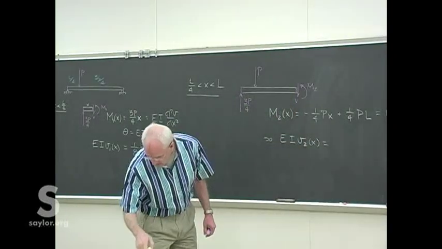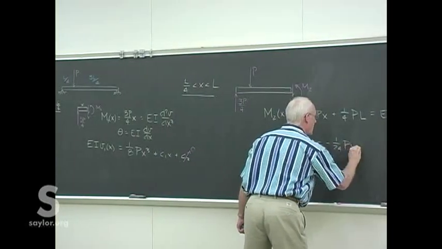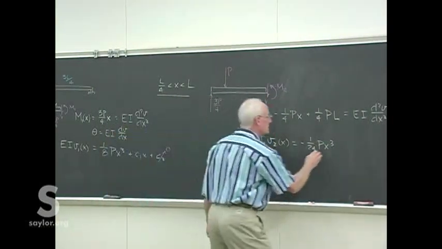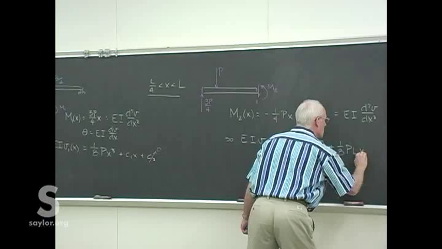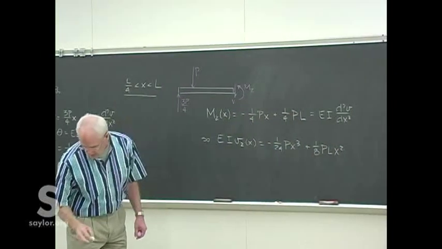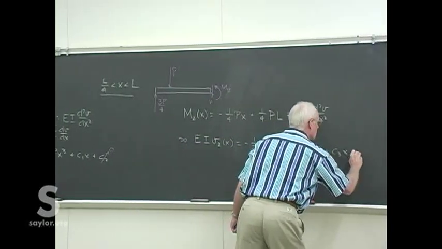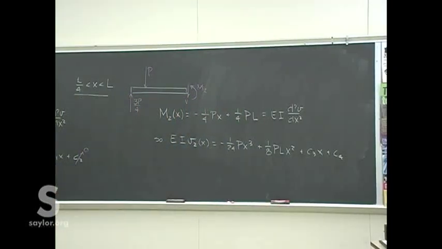And you should get something like minus 24 P x cubed plus 1/8 P L x squared, again length cubed, length cubed, length cubed, plus c3 x plus c4. Now, C4 is not polite enough to become 0 like this one did because this will be at x equals L, the deflection is 0.